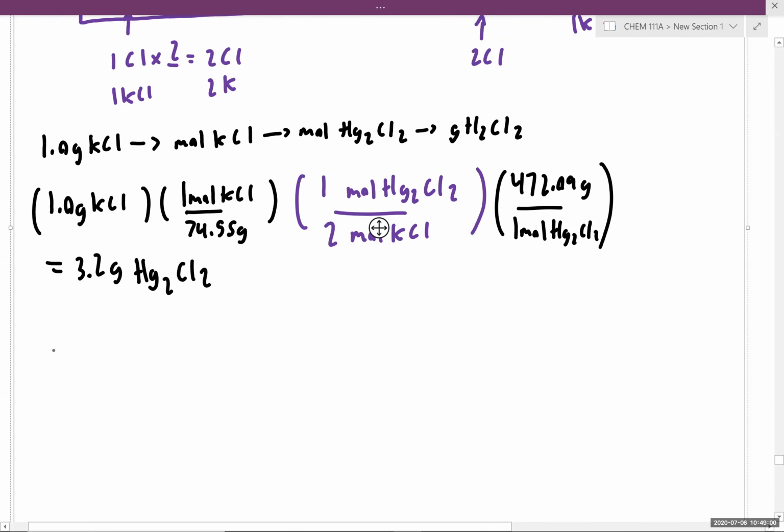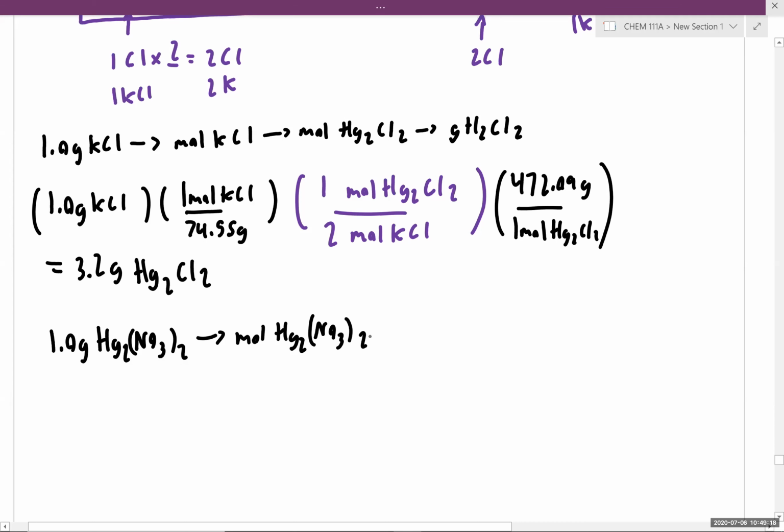Okay, let's repeat the same calculation, assuming that we have 1 gram of mercury 1 nitrate this time. We're going to convert this into the moles of mercury 1 nitrate. Once we have the moles of mercury 1 nitrate, we're going to convert it into the moles of mercury 1 chloride, and then the grams of mercury 1 chloride.